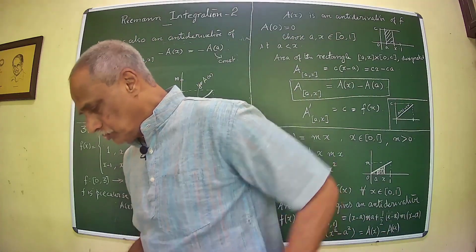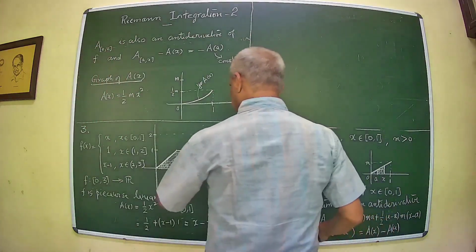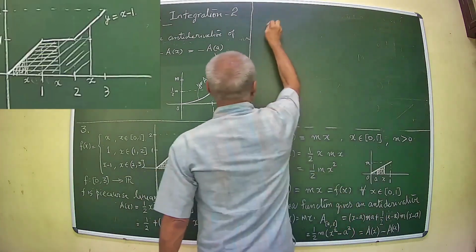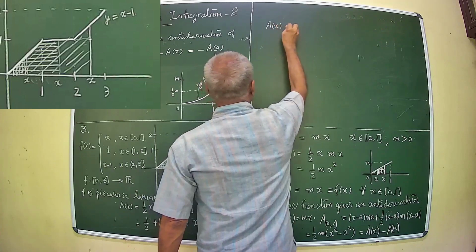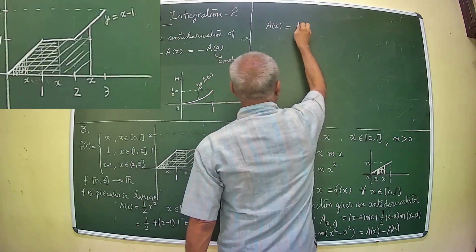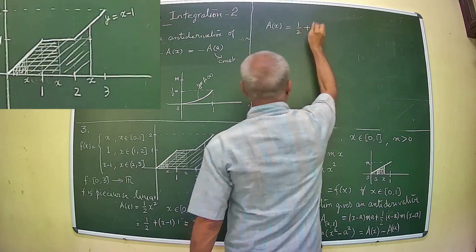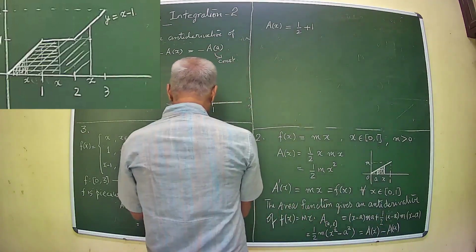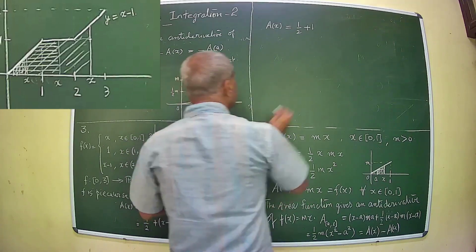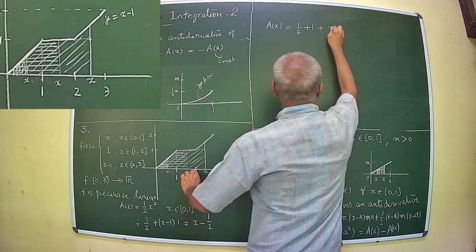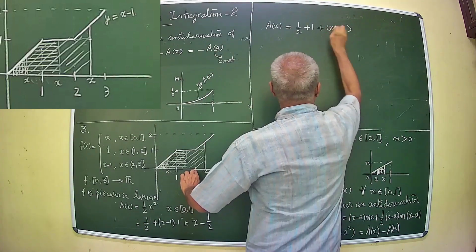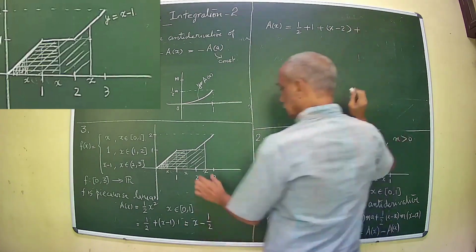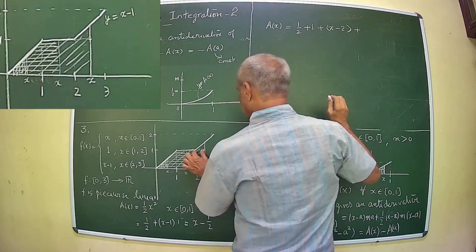So if you compute this, you have half plus 1. Now compute this. This is going to be (x minus 2) into 1 plus (x minus 2) into 1 plus this is (x minus 2) times this height.